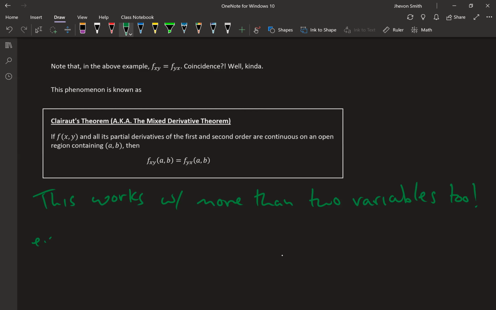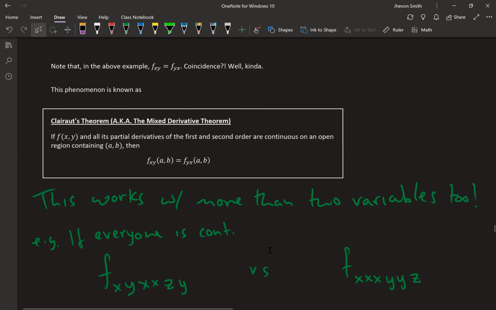So for example, if everything is continuous, then someone might say, okay, I'm going to take the partial with respect to x, then with respect to y, then with respect to x twice, then with respect to z, then with respect to y again. Someone else says, you know what, I'm going to take the derivative with respect to x 3 times, then with respect to y twice, then with respect to z twice.